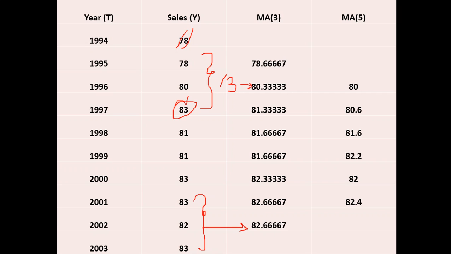But in moving average of 5, I'll add all of those 5 observations and I'll put the result in the midpoint. The midpoint here will be in front of 1996.